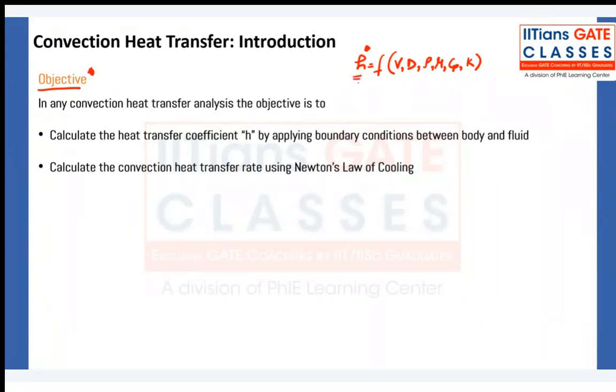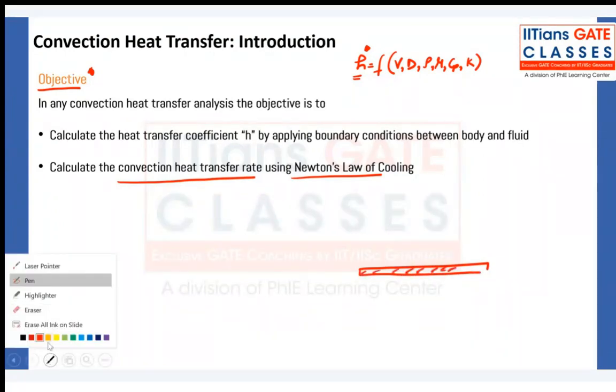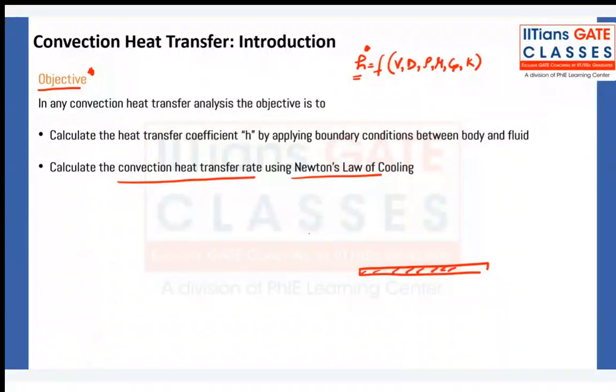Okay. Now, once you have determined this h, you will need to determine the convection heat transfer rate by using Newton's law of cooling. So what actually happens? Let's say this is your solid body, and fluid is flowing here at u infinity, which is the free stream velocity, and the temperature is T infinity. When this fluid is flowing, it will take heat by convection or give heat.